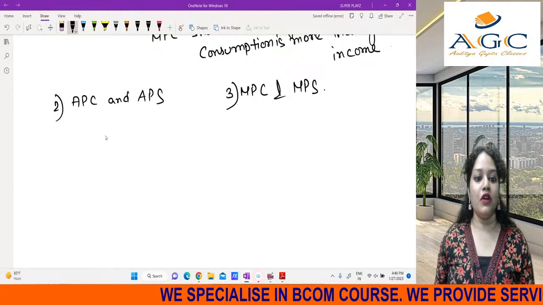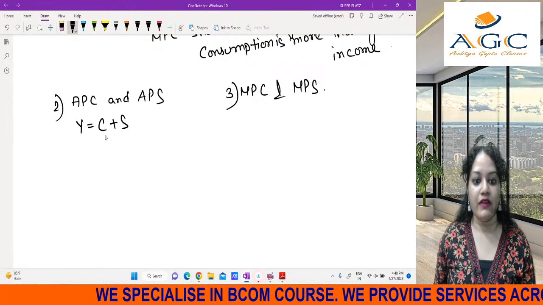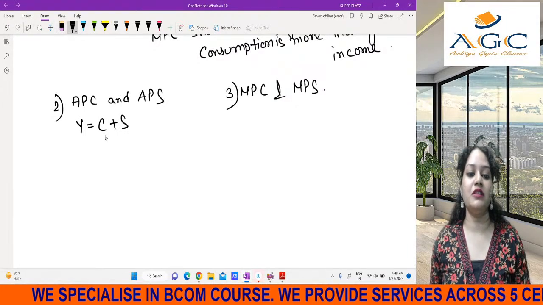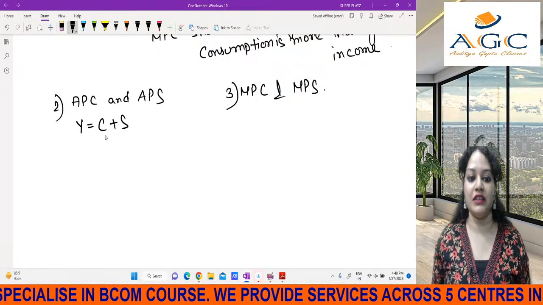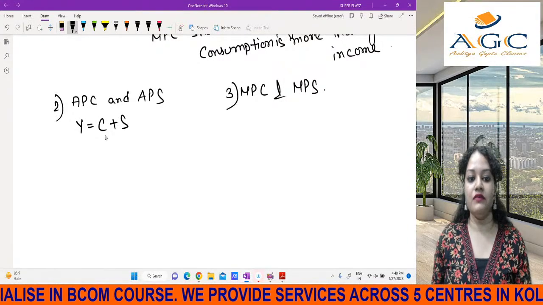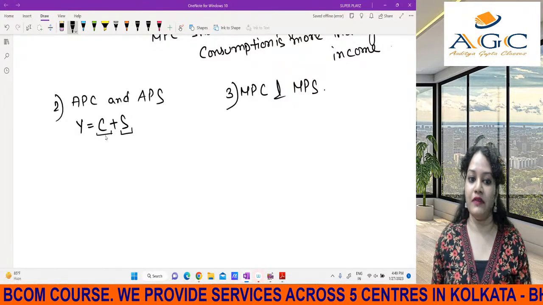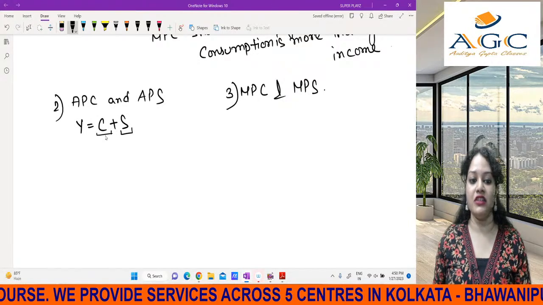So for this, you will start writing the answer like this: Y is equal to C plus S. Now see, whatever our income is, we dispose it in two forms, that is our consumption and our savings. A part of our income we give into our consumption, and a part of it into our savings. That is how we will start writing the relation.